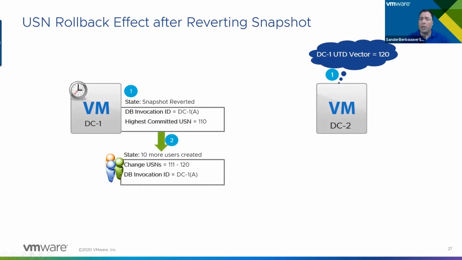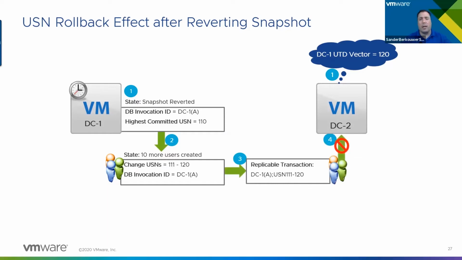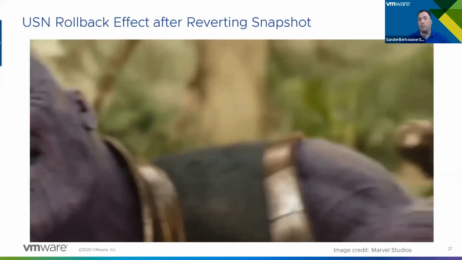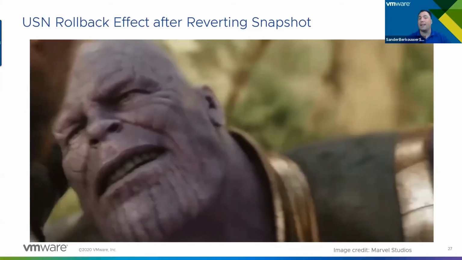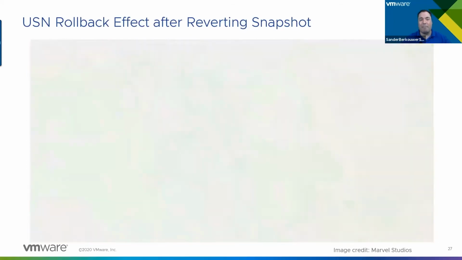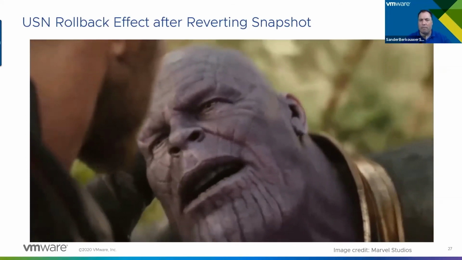We create 10 more users, we replicate, and then what we're seeing is that domain controller 2 actually says, you know what, we're not going to do that. If I were to allow this, then I would basically allow Thanos to click and make those 10 users vanish.